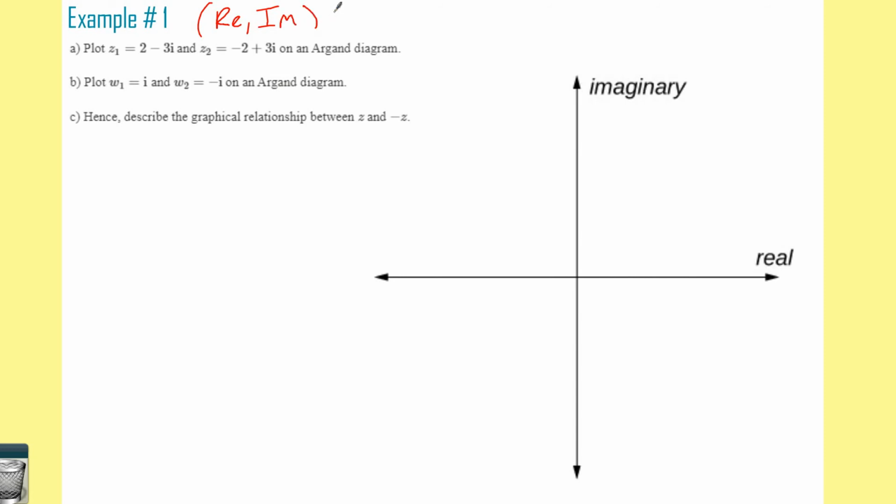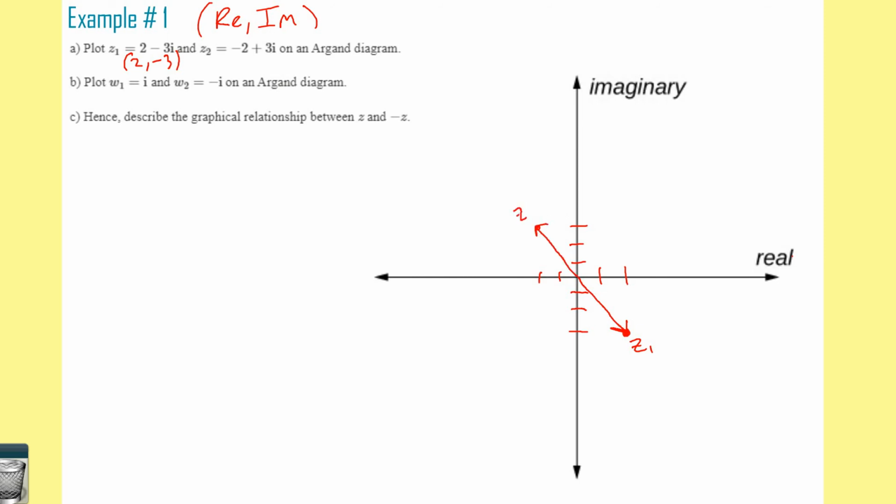So real then imaginary. This would be literally (2, -3). We go over 1, 2, down 1, 2, 3. That is where Z1 is. Now, negative 2 plus 3i is going to be over here, so negative 2, up 3.